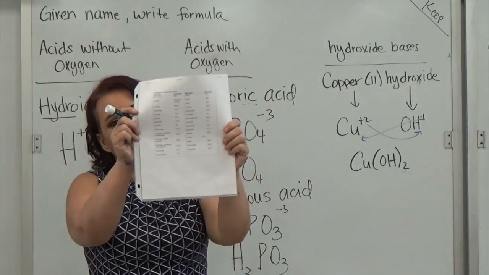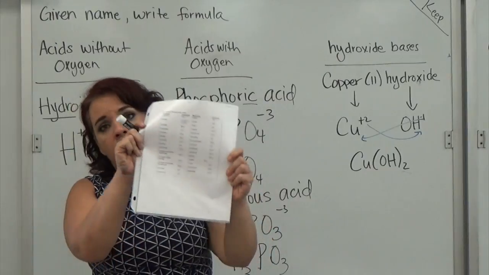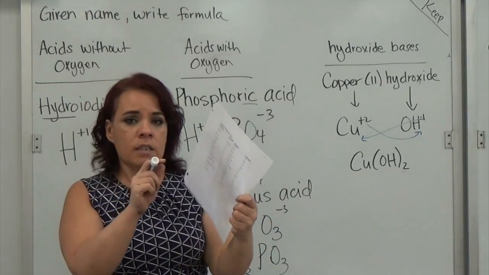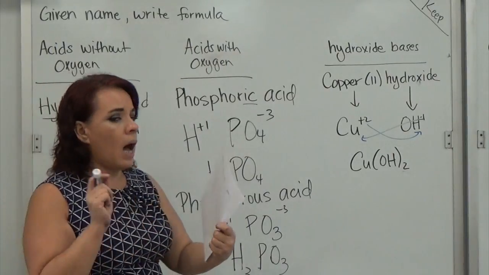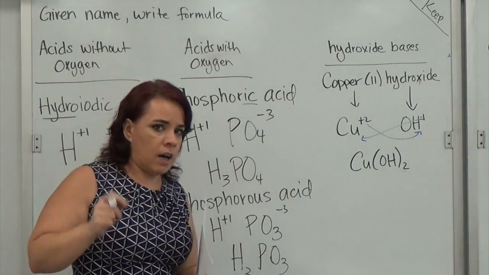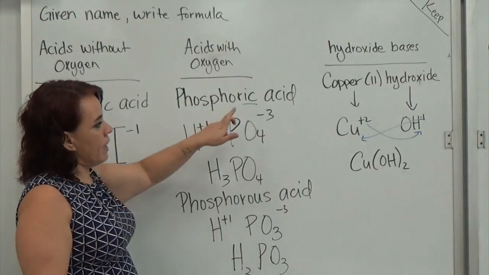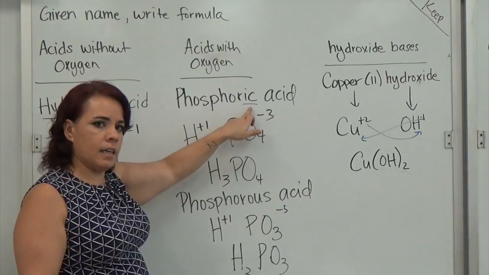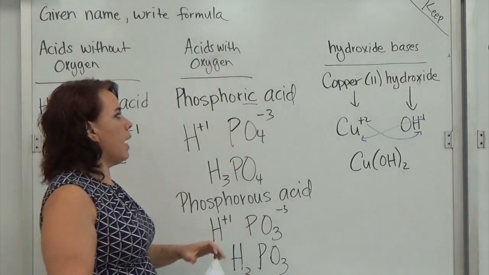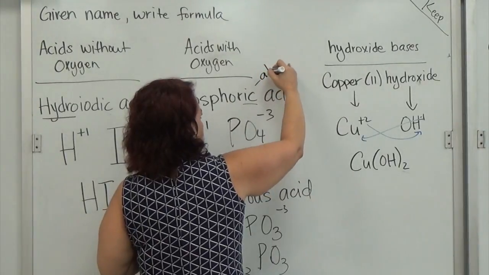But I'm looking at a polyatomic ion, and when I do, I notice I have two choices. I have phosphate and I have phosphite. So how do I know, do I use phosphate or do I use phosphite? Well, if it ends in IC, that tells me to use the ATE ending on a polyatomic.